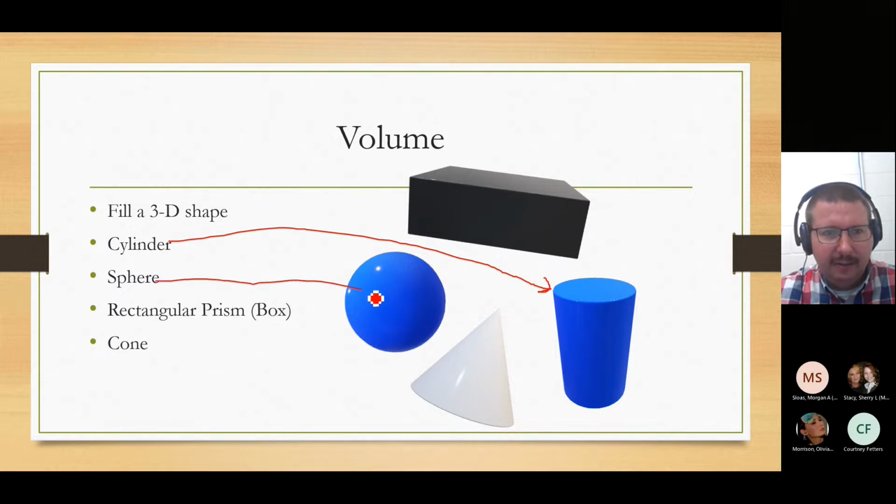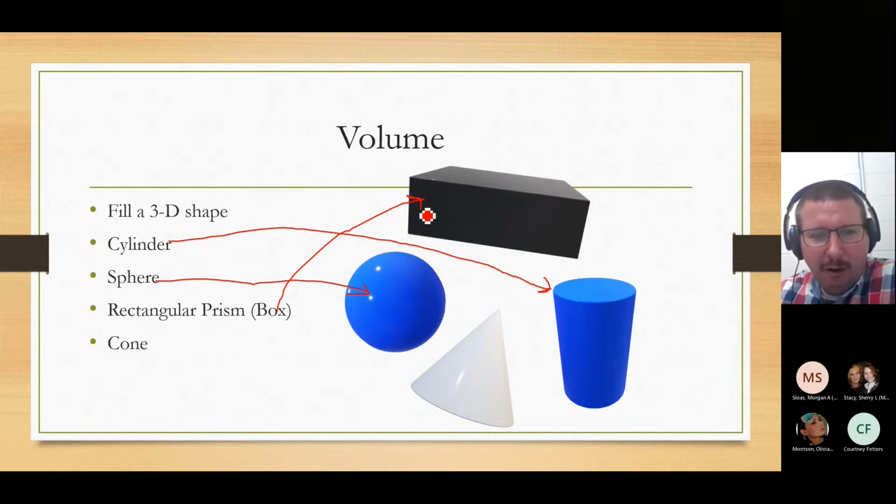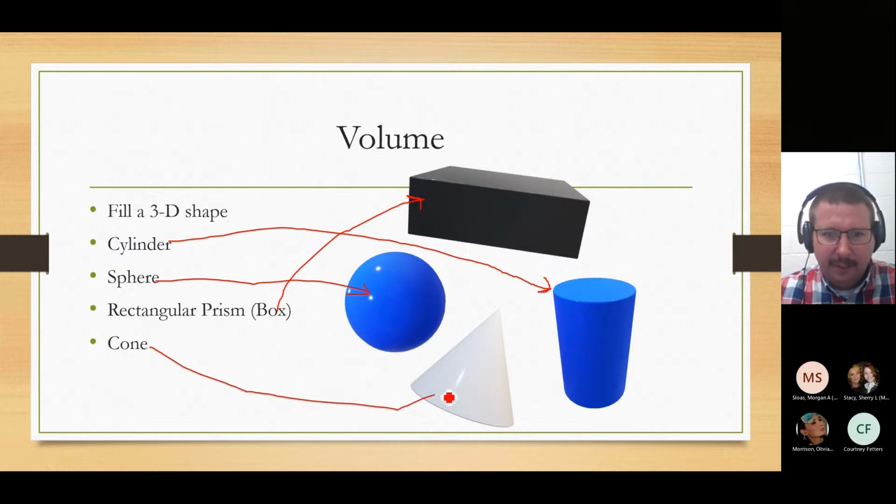The sphere is your basketball. A rectangular prism is just a big fancy word for a box. And then your cone, like an ice cream cone. Or if we was back in the one-room schools, look like a dunce cap. But it's a cone, or like a funnel for oil.